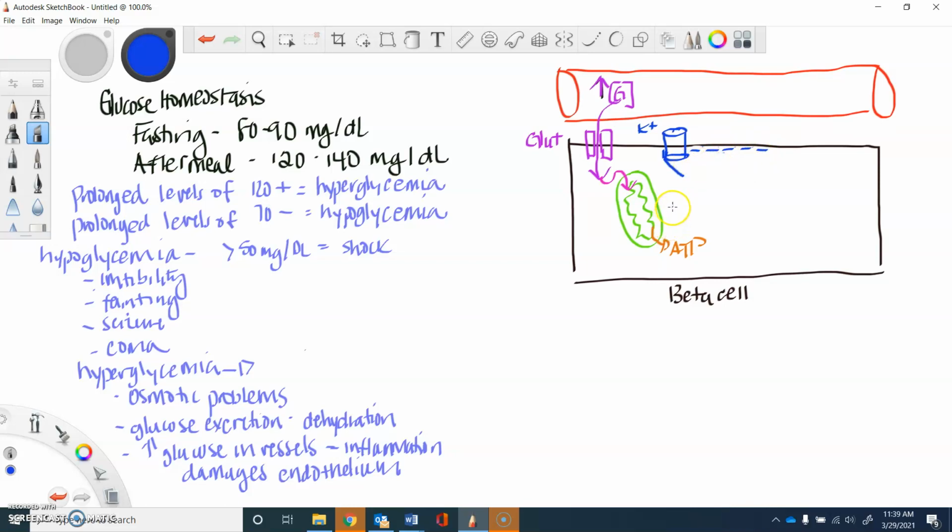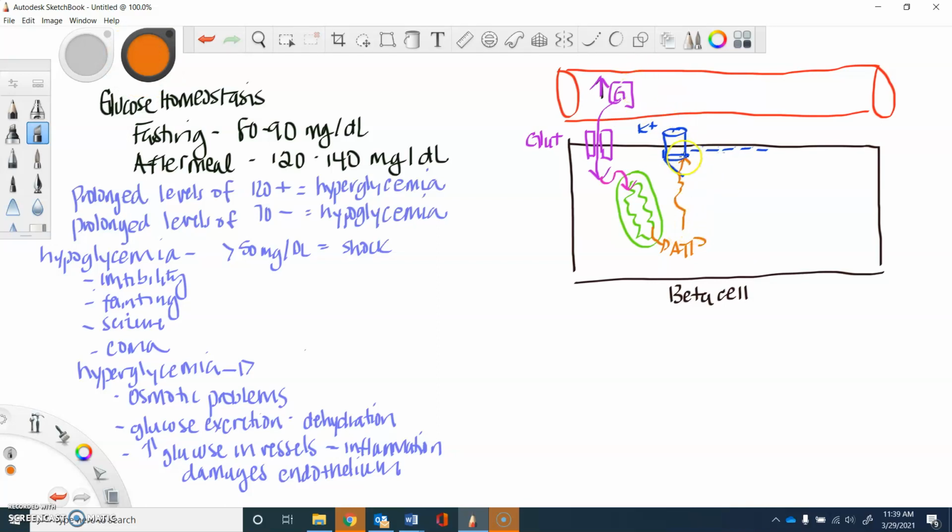Well, once we get a lot of ATP going, so we've got a lot of glucose coming in, a lot of ATP being made, basically what happens is the ATP comes up here and shuts this door.